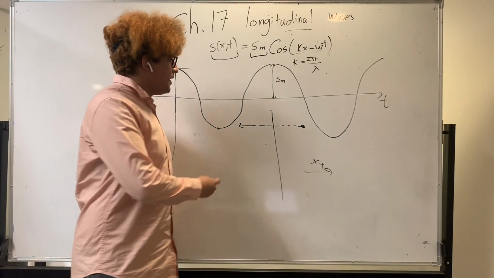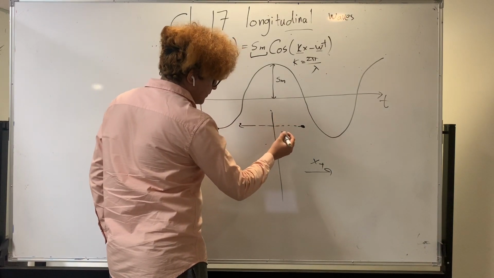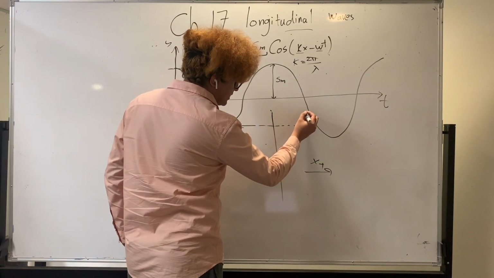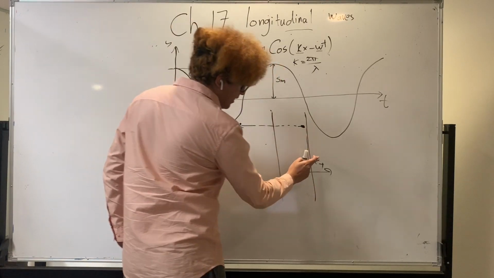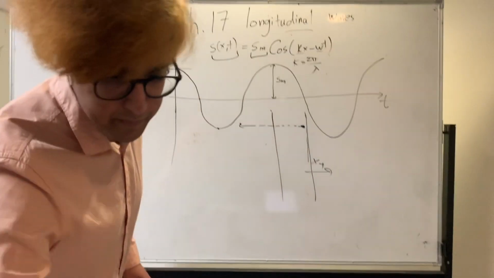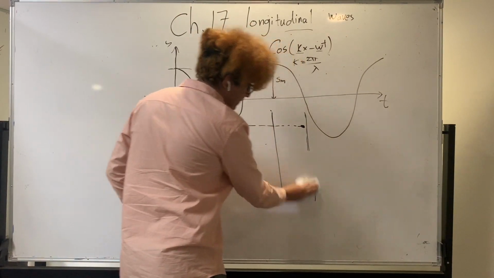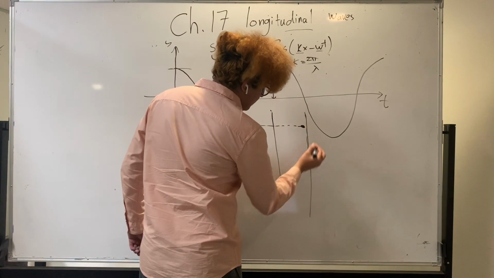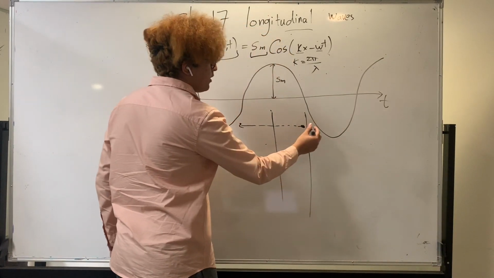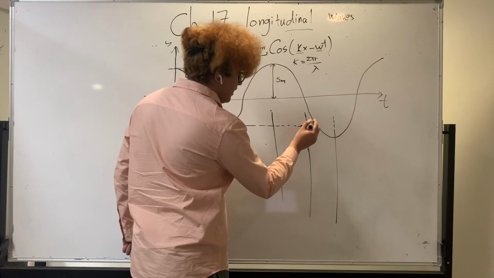So a very related concept to displacement in a longitudinal wave is pressure, okay? And pressure will be decreasing as the particle displaces further. Imagine that we have a line here, and there is another particle oscillating, and this is the mean position of the other particle.